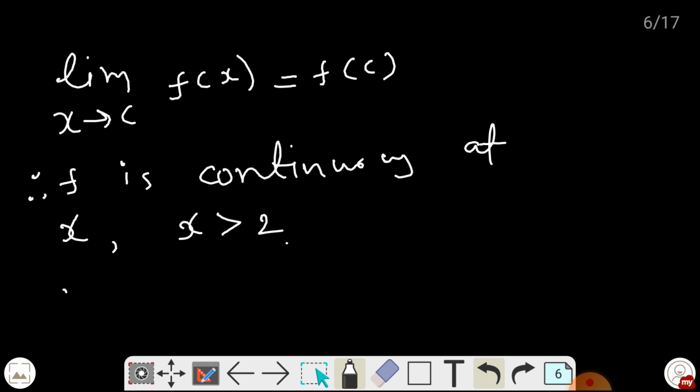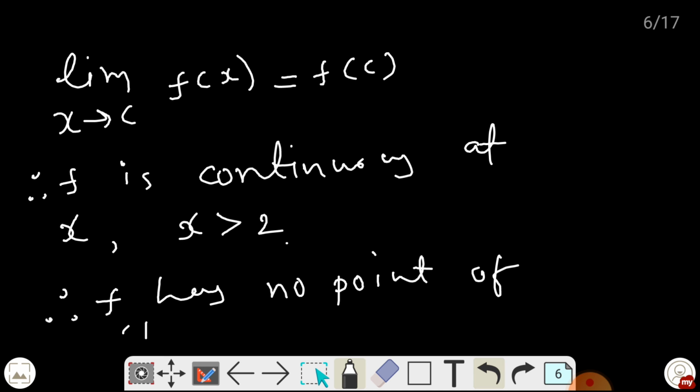So that's why f has no point of discontinuity.